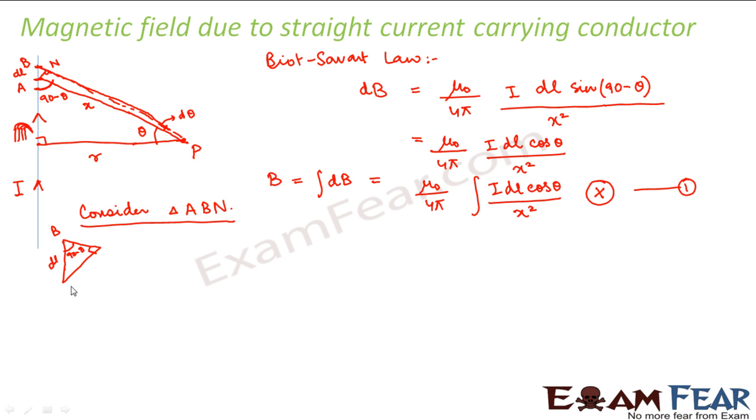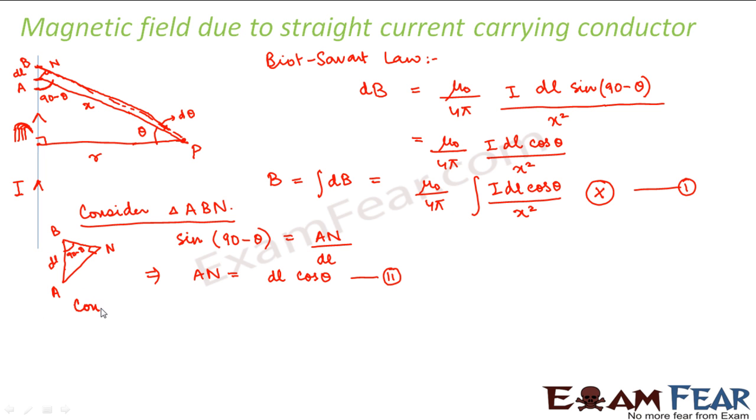This is your point B, this is point A, and this is point N. So in this triangle, from simple trigonometry, sine of 90 minus theta is equal to AN divided by DL. So AN is equal to DL cos theta. Let me call this equation 2.